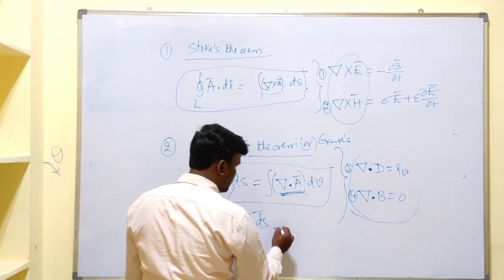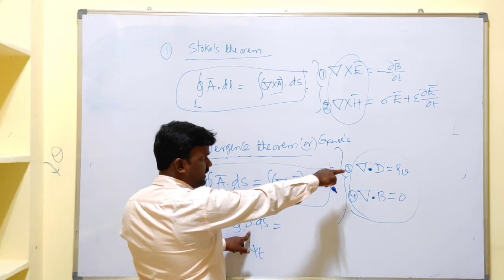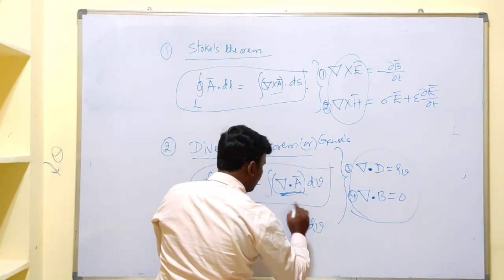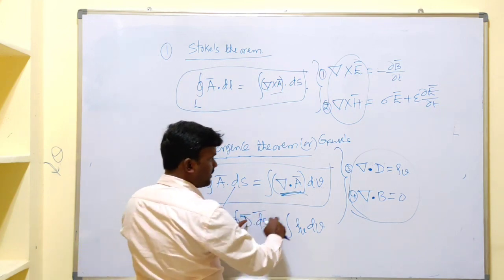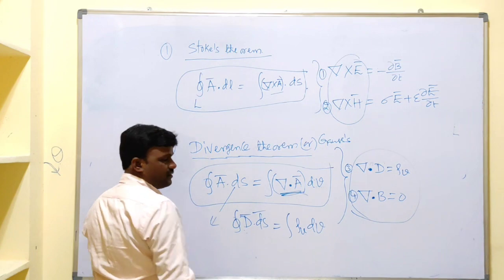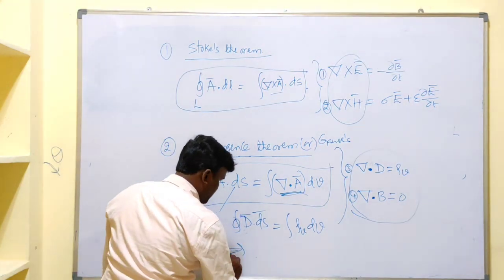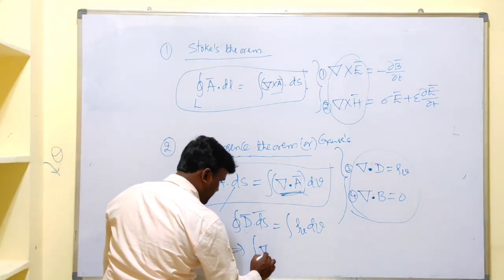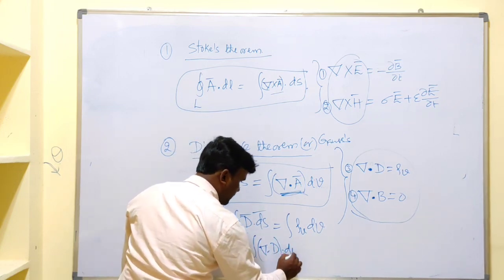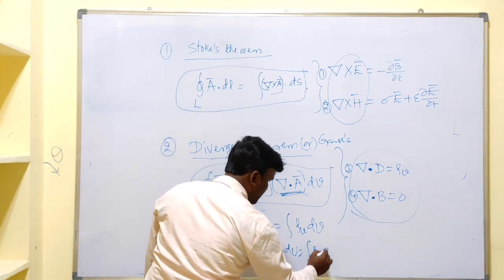It is equal to, on the right hand side, I need to go for the integral of rho v dv, volume integral. In order to equate del dot D equal to rho v, I need to write like this only. Apply Gauss divergence theorem, and this closed surface integral becomes the volume integral of del dot D dv equals the integral of rho v dv.